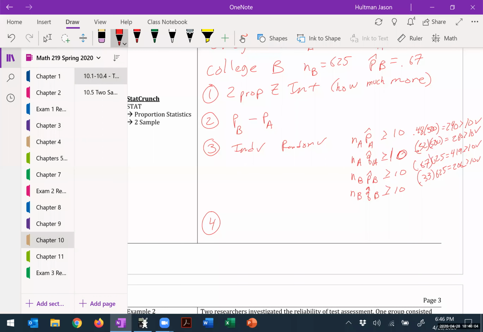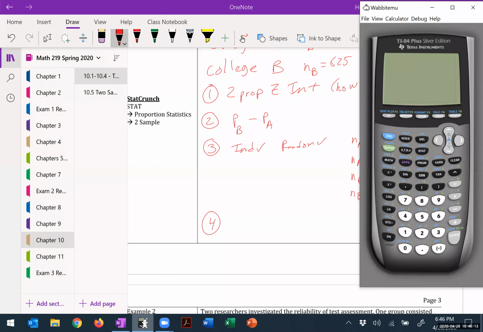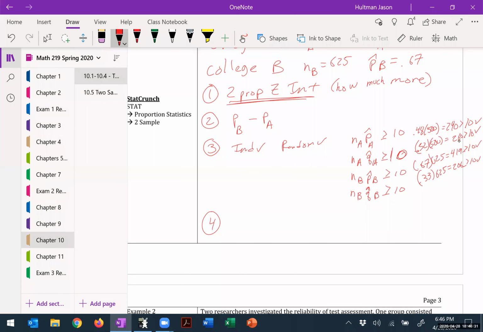Okay, so we want to know, let's do an interval. Let's first do this on the calculator, and then we'll do it on StatCrunch. In order to do it on the calculator, we need to go to stat, and we're going to go to tests. We're going to look for 2prop z int.